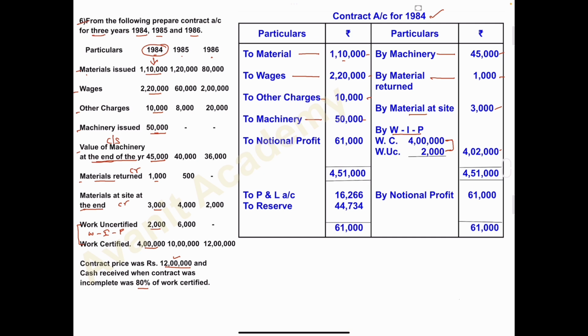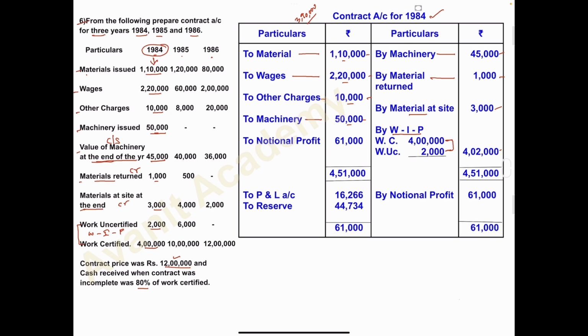Now add the debit side. 1 lakh 10,000 plus 2 lakh 20,000 plus 10,000 plus 50,000. Add these 5 items and you will get 3 lakh 90,000 as the total value of the debit side.